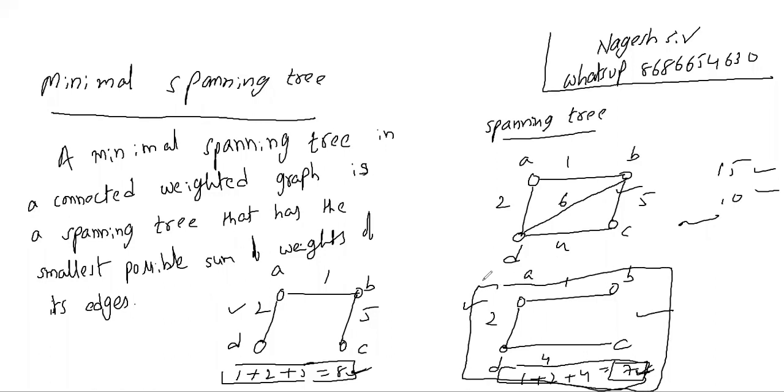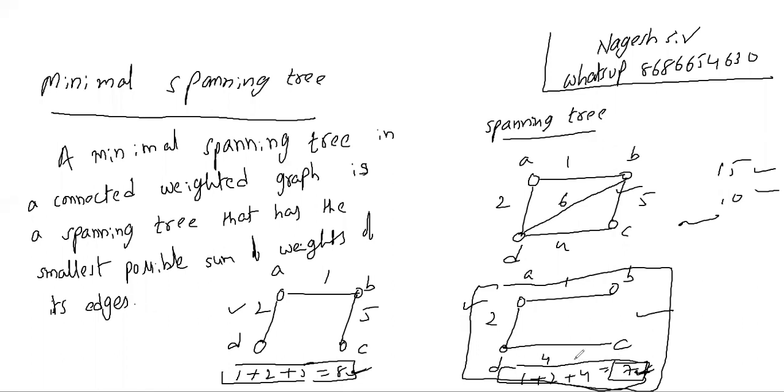That means for the given graph, we would take many spanning trees, add all the edges, and then check. It is a long process. I got 7, somebody got 8, somebody got 10, somebody got 15. I want the minimal spanning tree, which is 7. Doing this for all the spanning trees, adding all the edges, and then deciding which is smallest takes a long time.